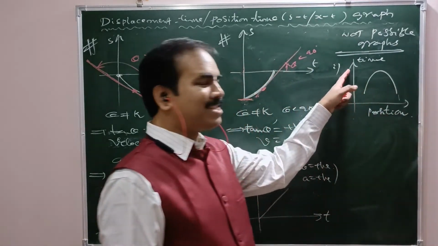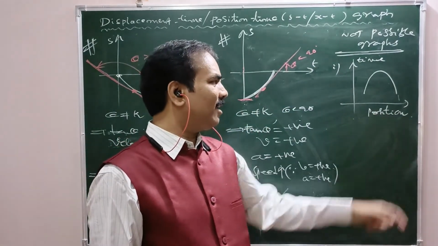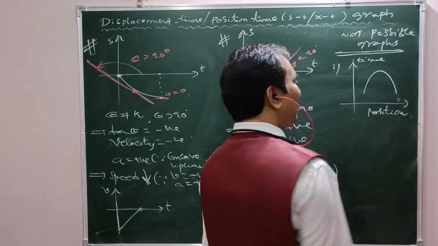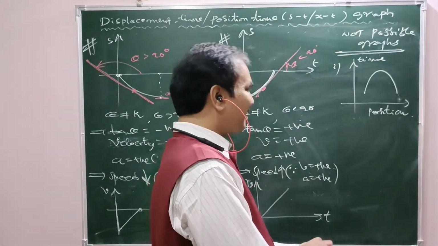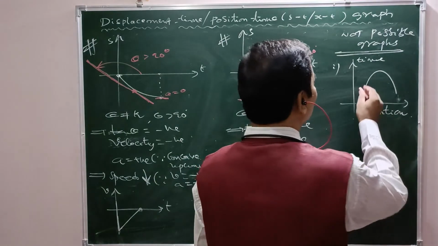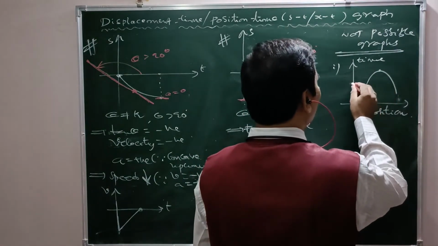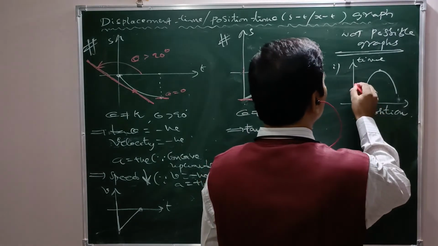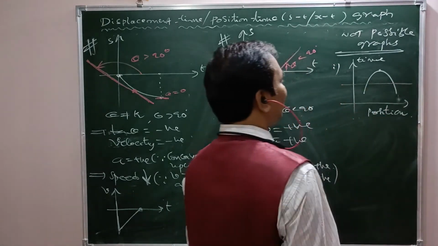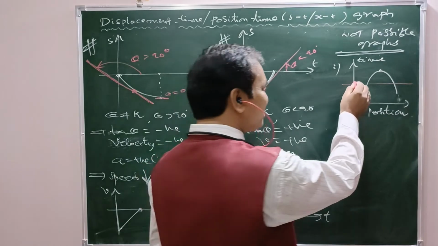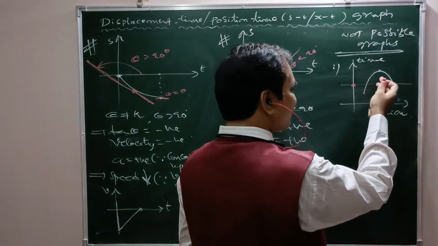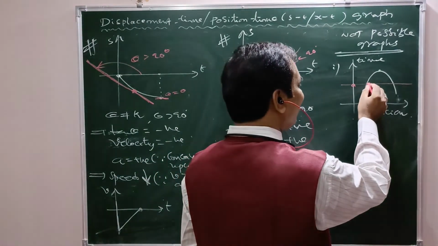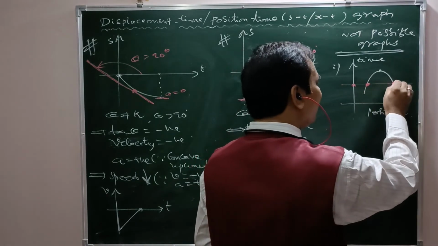Time is taken along the y-axis and position along the x-axis. If I cut the graph at any instant somewhere here, except the top point, what is the indication here? The particle exists at two positions.